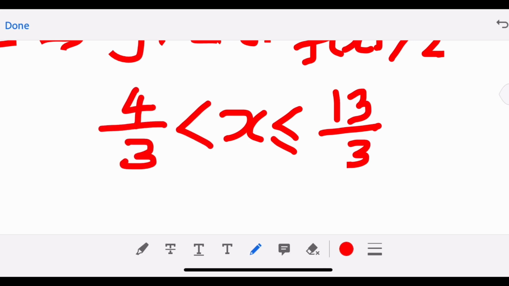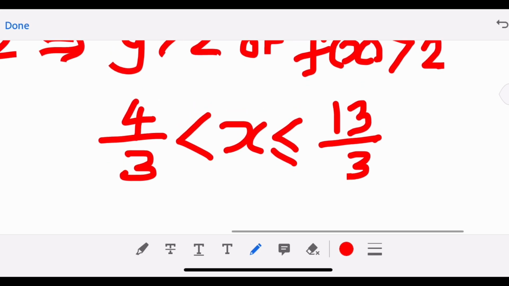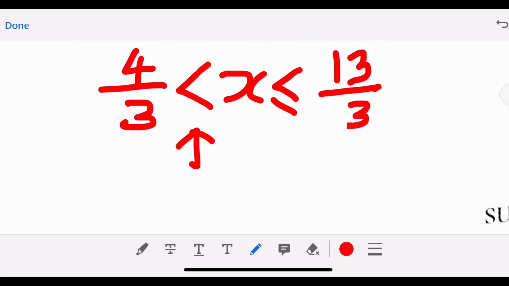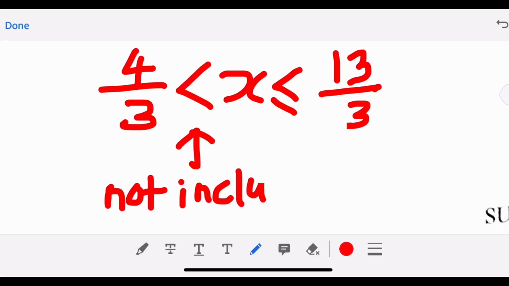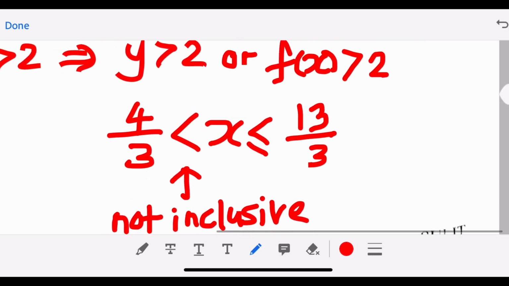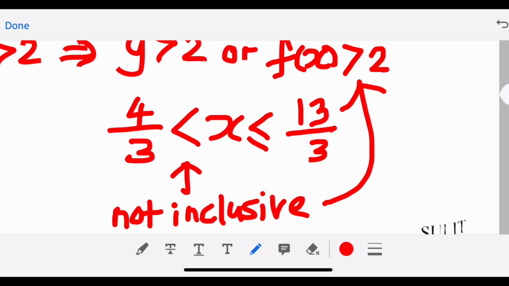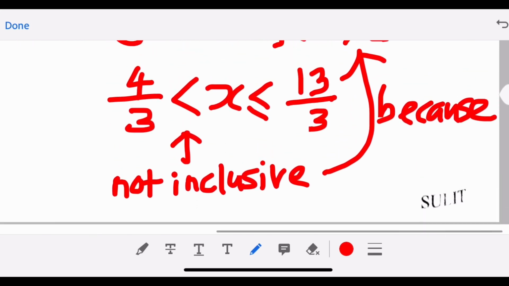So for y greater than 2, the x should be from 4 over 3 to 13 over 3, not inclusive of 4 over 3, but inclusive of 13 over 3. That means all the values of x from 4 over 3 onwards to 13 over 3 will be accepted as the range of the x.